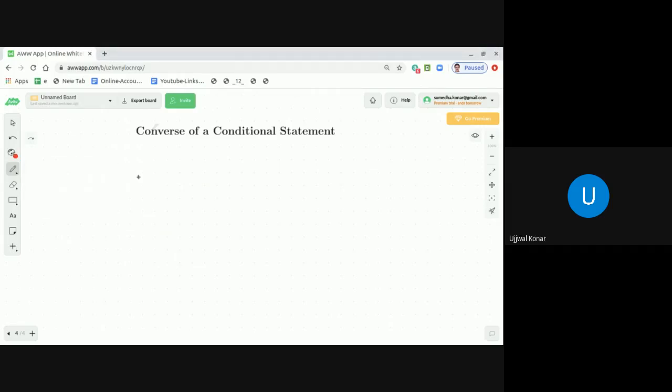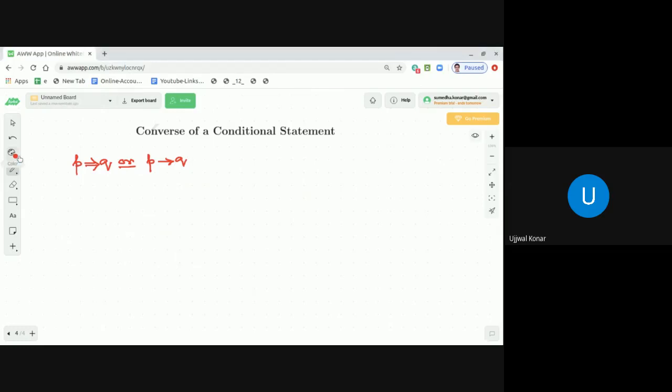Suppose we have a statement P implying Q, or P arrow Q.